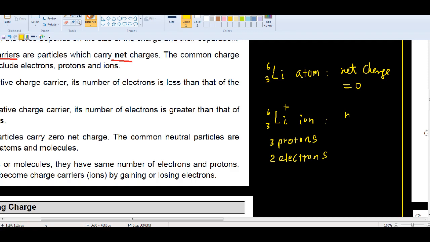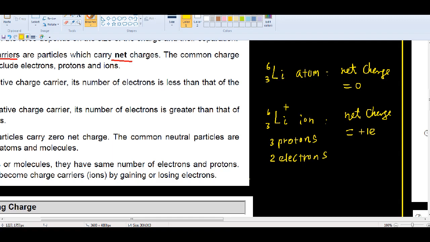In this case, the net charge would be positive 1 unit. In chemistry, you just call it positive 1 unit, but in physics, we call it positive 1 e. e means elementary charge, but it's positive 1 e because it has 1 more proton. That's the way we talk about net charge.